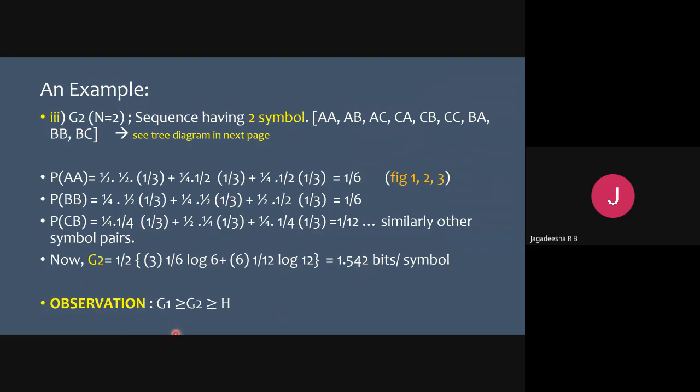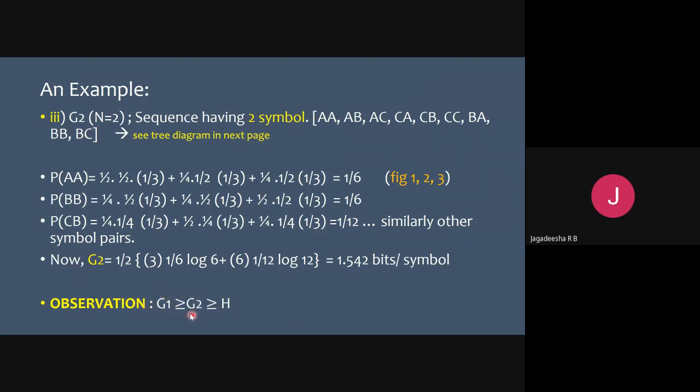So what is the general observation? The general observation is that the size required for G1 is much greater than G2, and G2 is greater than its overall entropy H. As the size of the messages generated by the source increases, the space required reduces. That's why if a source emits just one symbol, then it requires more bits per symbol to store or transmit.